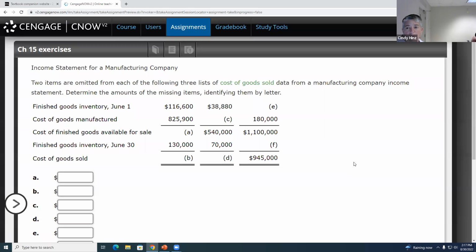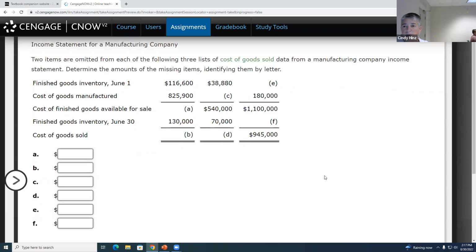We're going to do the first column together, and then I'm going to pause the recording and ask people who are here physically in the classroom to try the second and third columns independently, and then we can answer any questions you might have. So this relationship that you see here, finished goods inventory plus cost of goods manufactured equals cost of goods available for sale, less the ending inventory equals cost of goods sold.